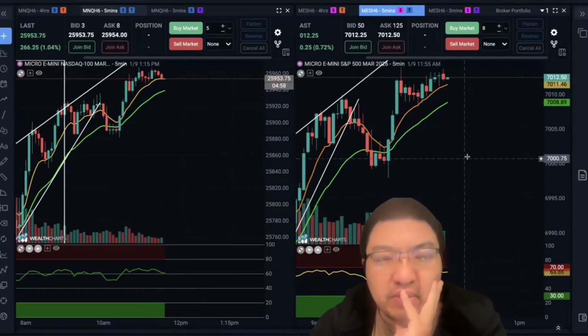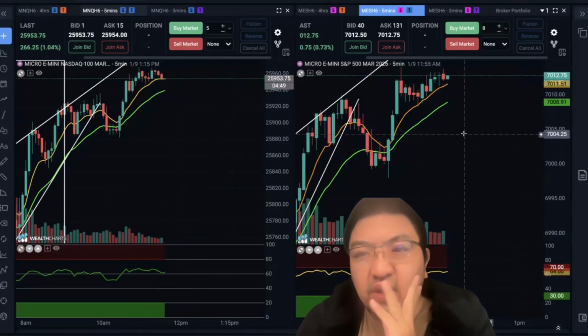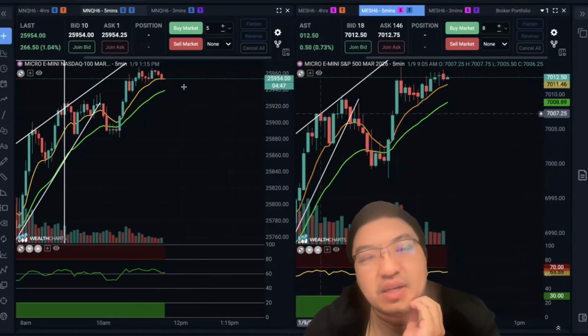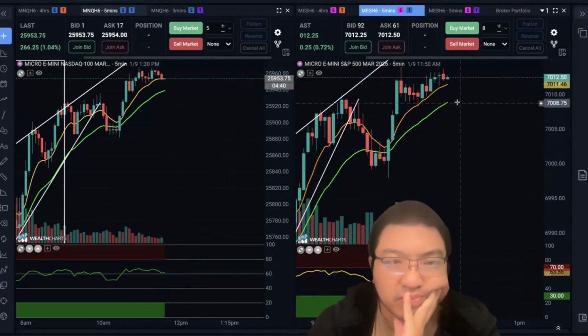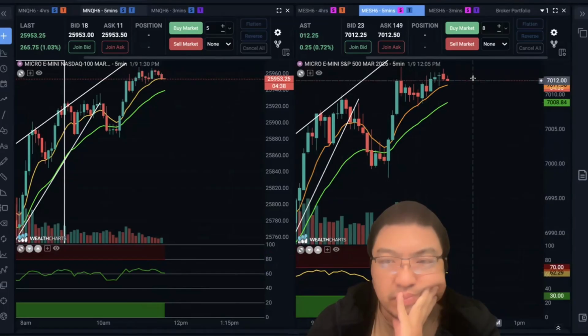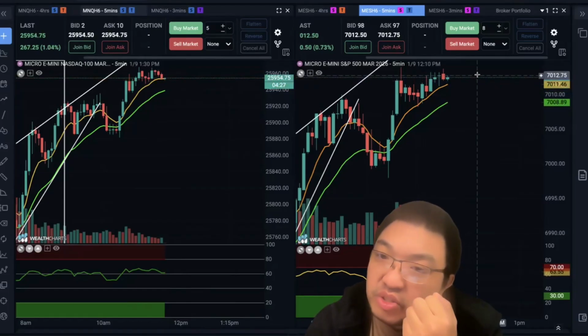Okay, next candle. Let's see. Okay, yes, buy back. Too difficult to trade. While it shows some downward, then yes, it shows upward, green. Wait for the compression.